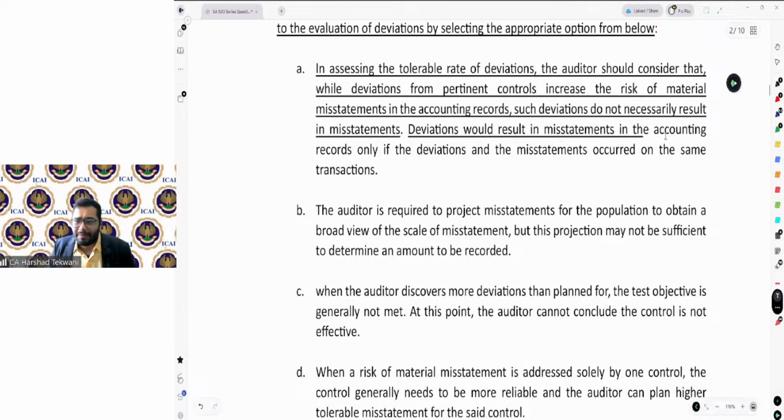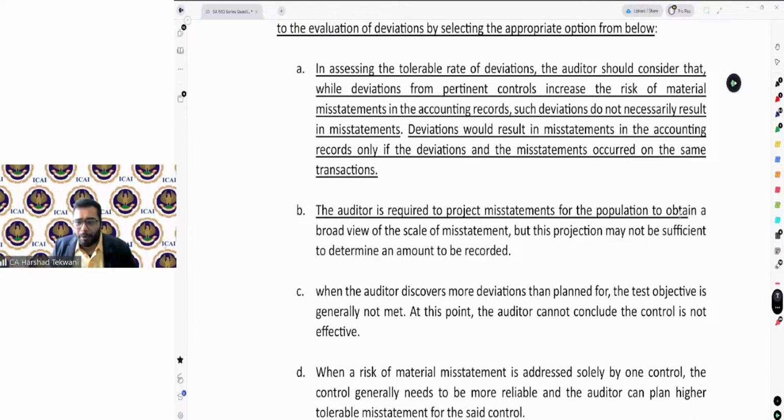Deviations would result in misstatement in accounting records only if the deviation and the misstatement occurred on the same transaction.